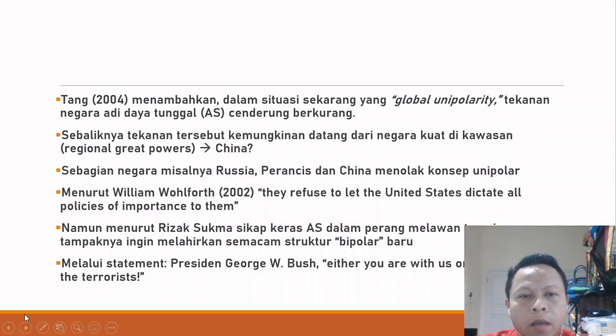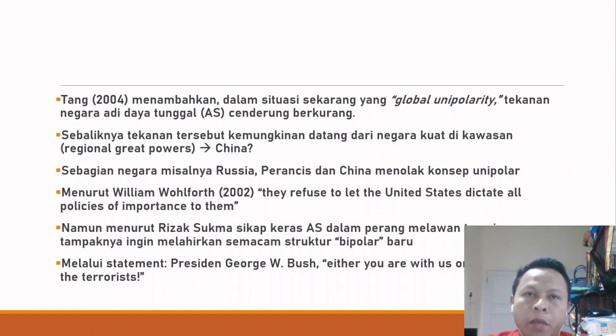For Tans added that the current situation is what he called global unipolarity, meaning there is a single major power, namely the United States, but there are also emerging great powers such as China, Russia, France and maybe Korea or North Korea. So that's why William Wohlforth calls it okay.